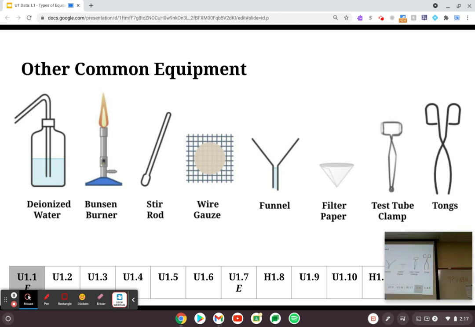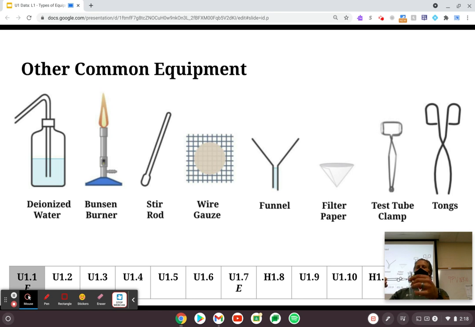The next thing we need to talk about is the test tube clamp. Looks something like this. It does exactly what it says it's going to do, it holds a test tube, it clamps the test tube together. So when you're heating a test tube, you can hold the test tube with your hand and have a little bit of degree of control of what the test tube does. So if I'm heating it, I would definitely not point the mouth of the test tube at my face because it'll become a cannon.